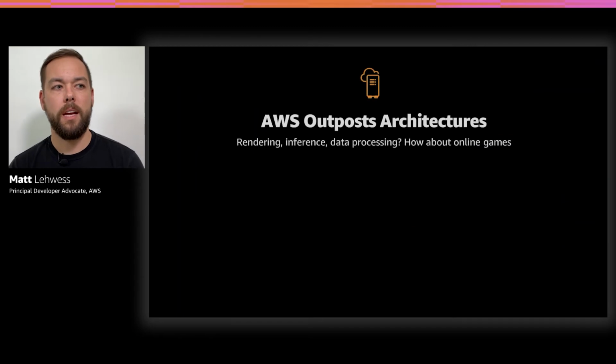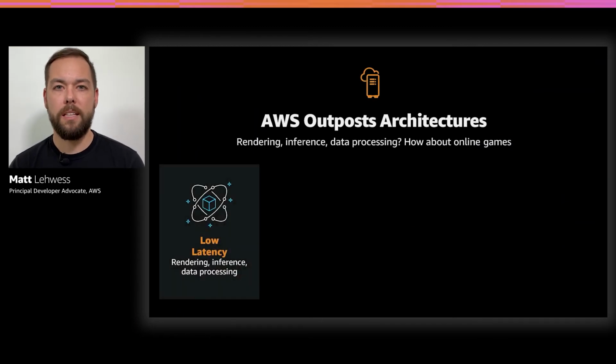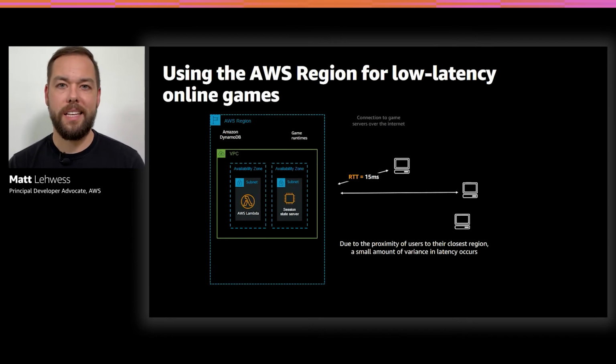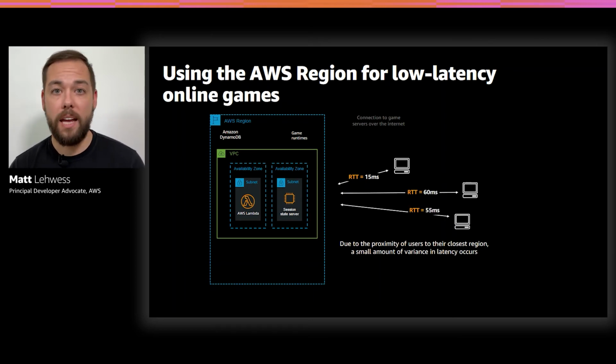Okay, so let's talk about some reference architectures here. When we think about low latency, a classic example is online games. Online games essentially like to group users together that connect all back to a particular game server. If you wanted to deploy an online games server in AWS, you can, and customers do.